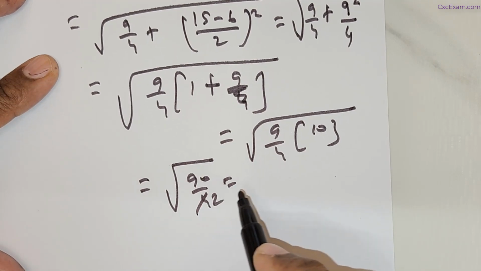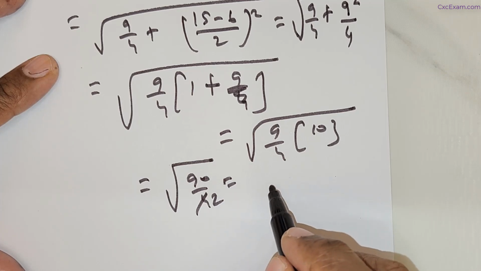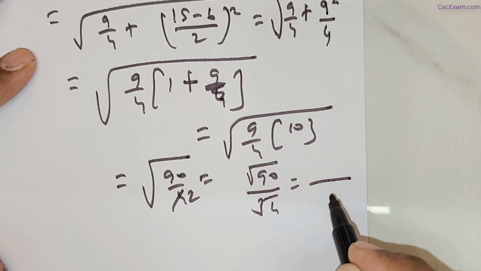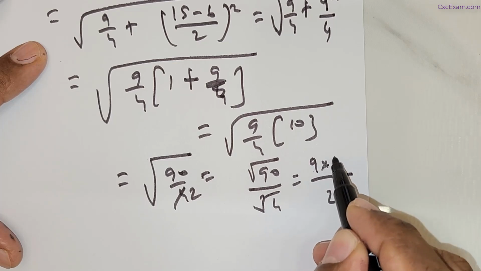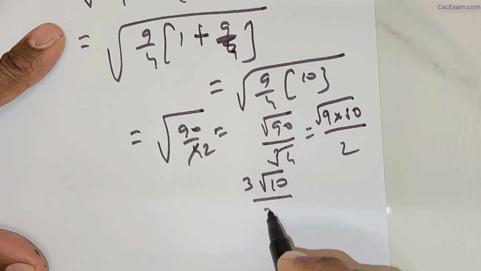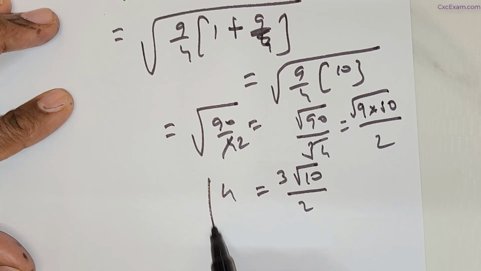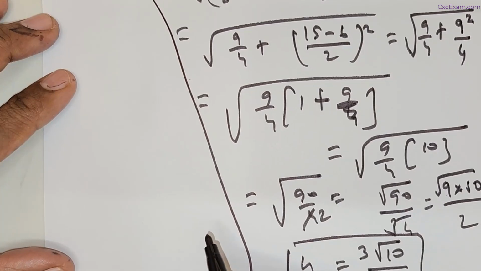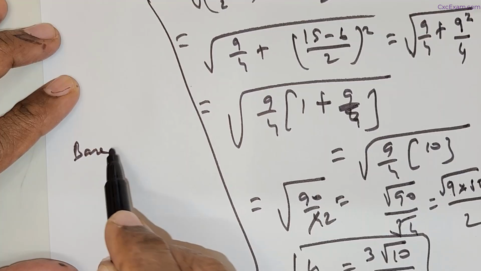Now I can take it as root of 90 divided by root of 4, so I'll get a 2 there. Now root of 90 is 9 multiplied with 10, so that's going to be 3 times root of 10 over 2. So this is going to be my height. Okay, that's one end. So now we have to find the base.